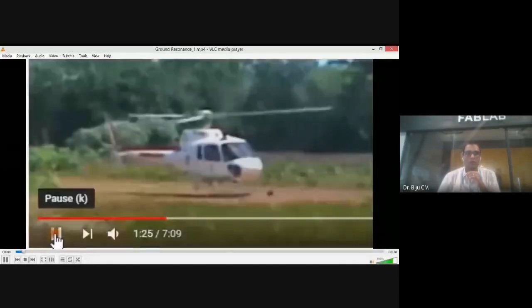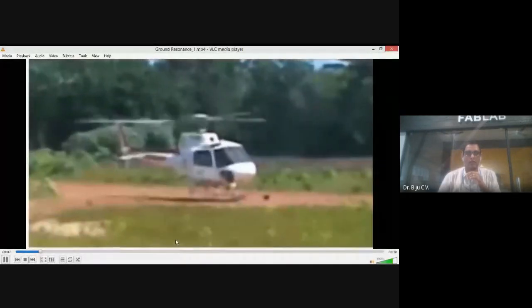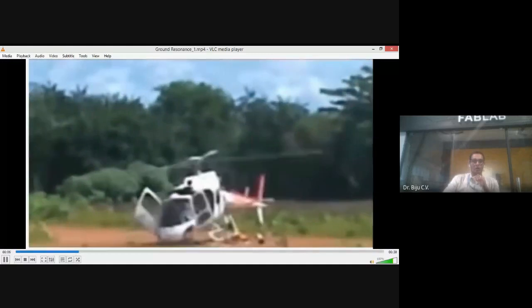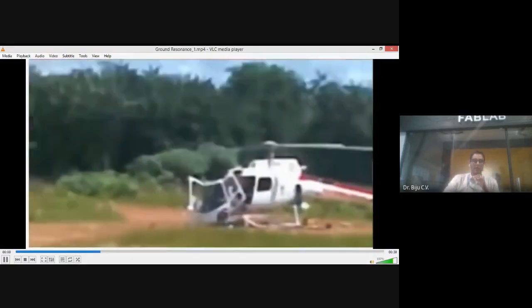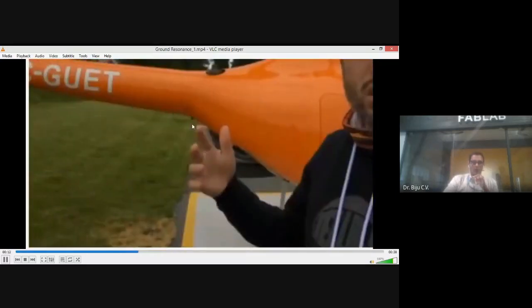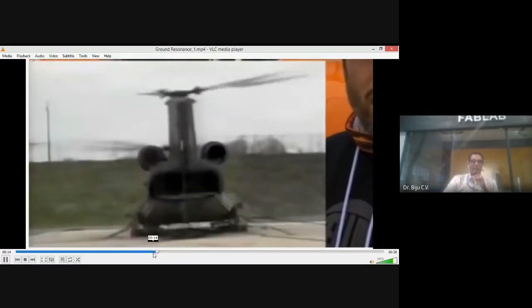Already told you that the ground resonance is a big issue, where the failure, the collapse of the helicopter can happen, and the ground that decides the stability.